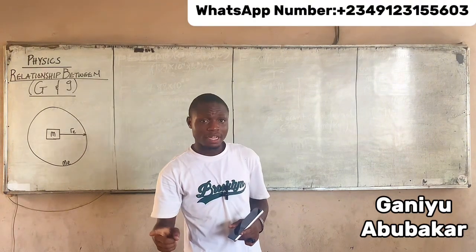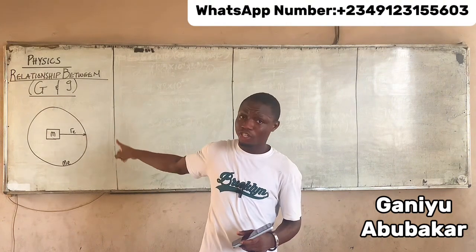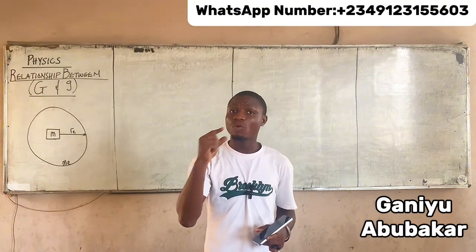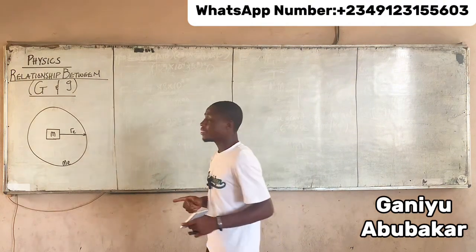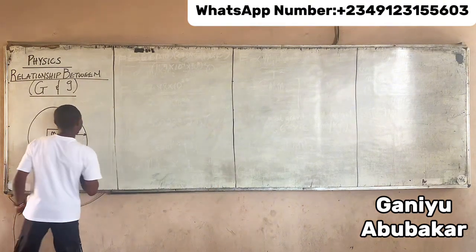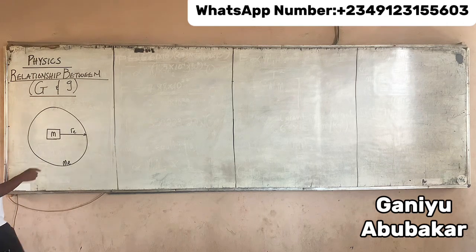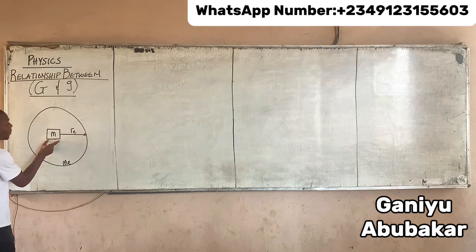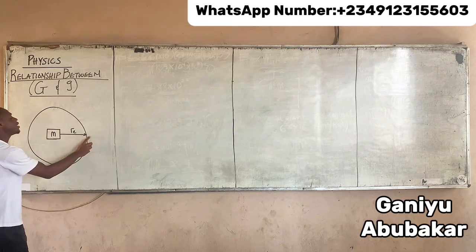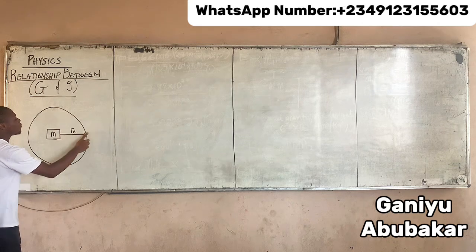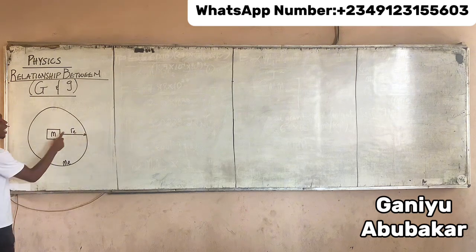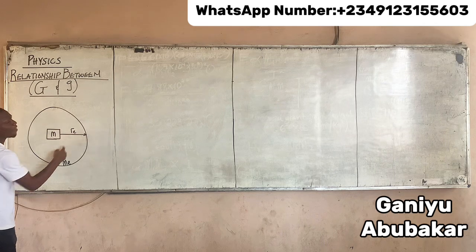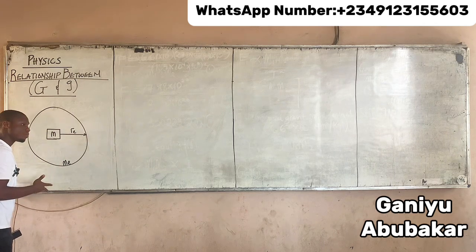I'm not saying that the earth is circular in nature, but let's assume, please look at my word, let's assume the earth is circular, and let's say I'm placing a mass at the center of the earth, and the distance from the mass of the object I place in the center to any circumference of this circle is known as RE. This R signifies the radius of Earth, right?